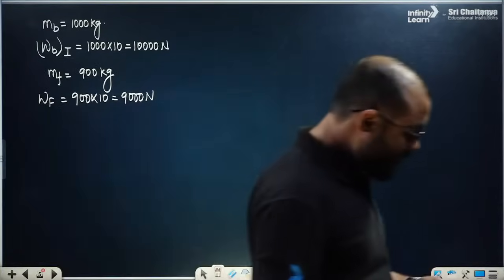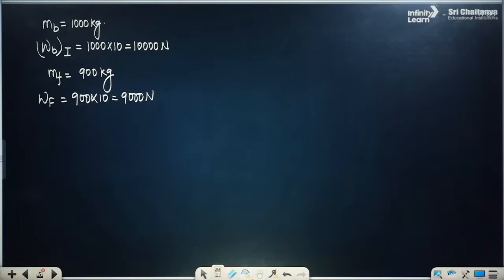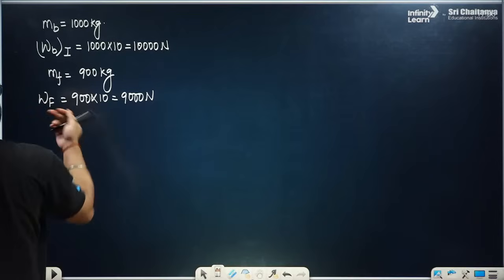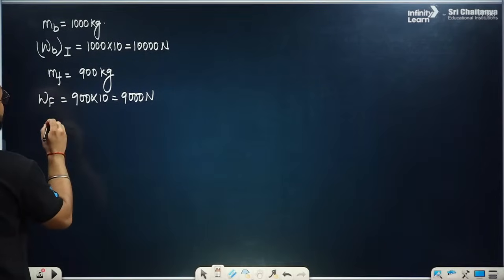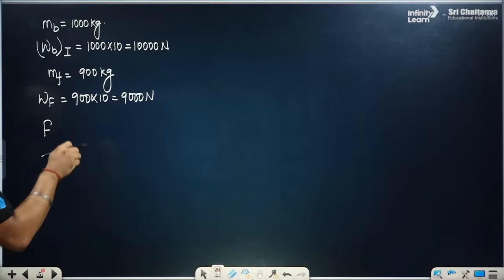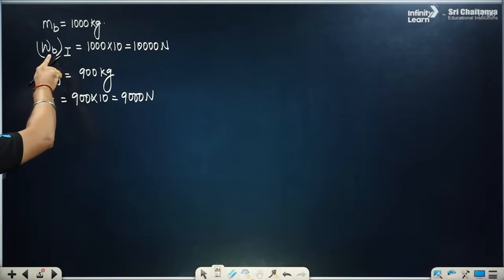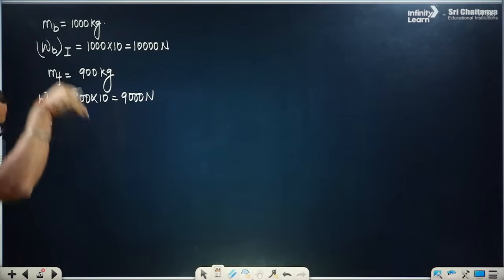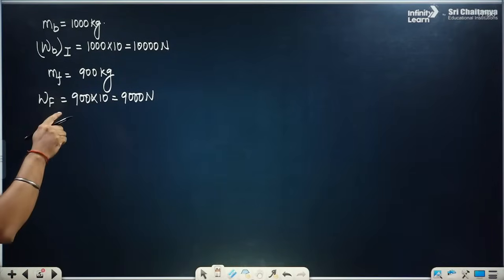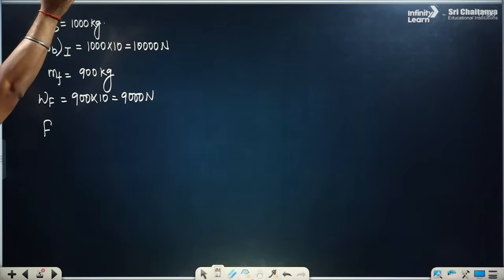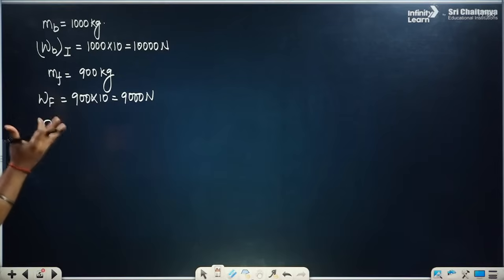If it is 9,000 Newton, after that we have to find the F net acting on this particular body. The weight of the body is acting downwards, and the body is moving upward, so the buoyant force is acting on it.